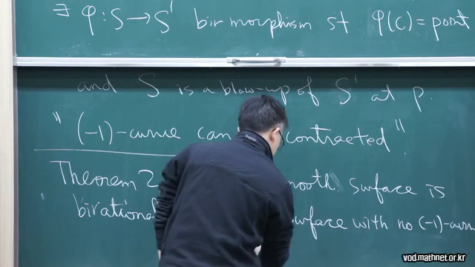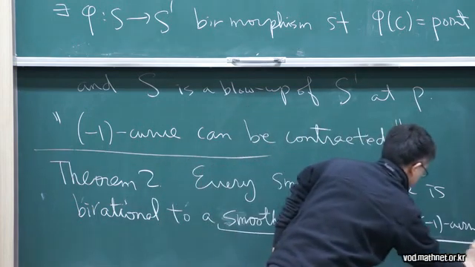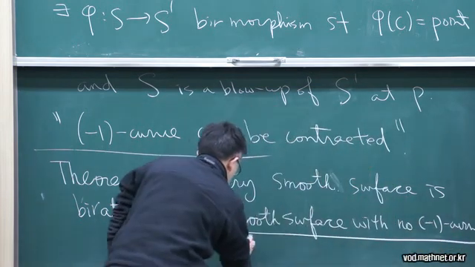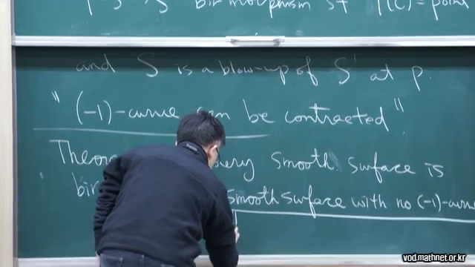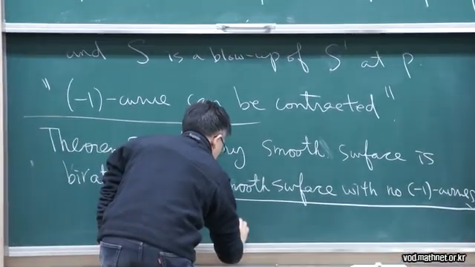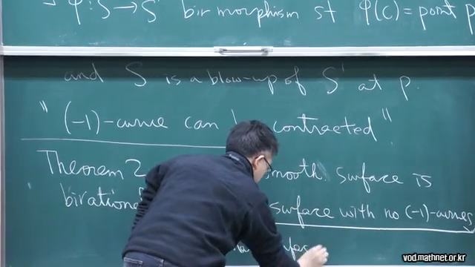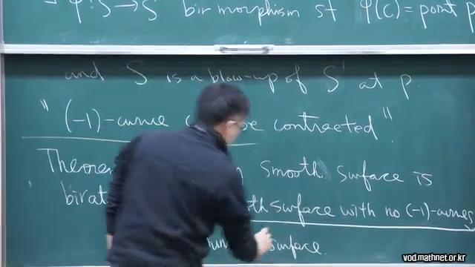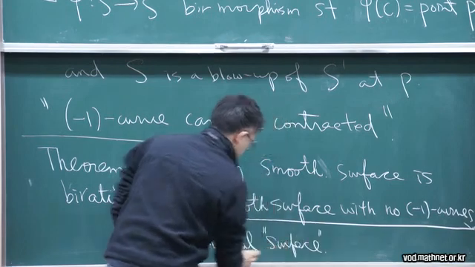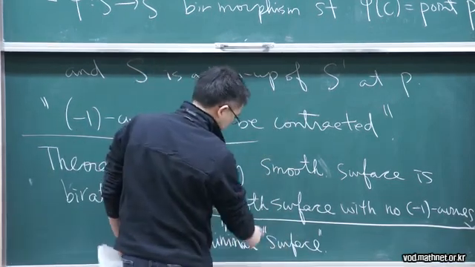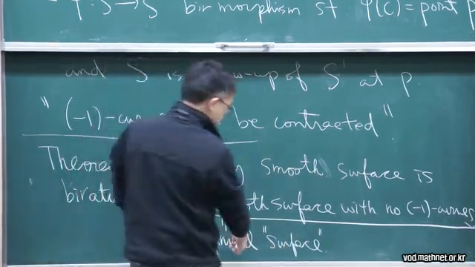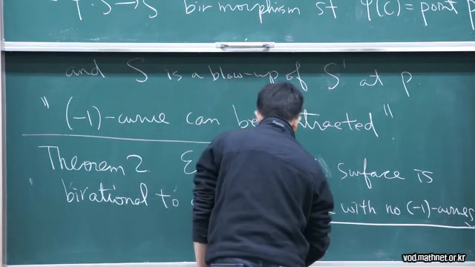I will denote such a surface by minimal surface. I will distinguish the minimal surface and the minimal model. So I will not say minimal model in dimension 2.